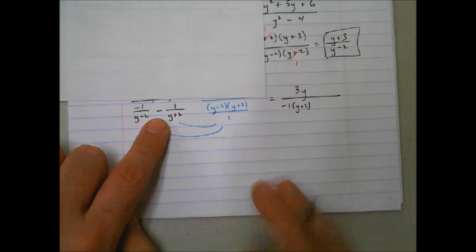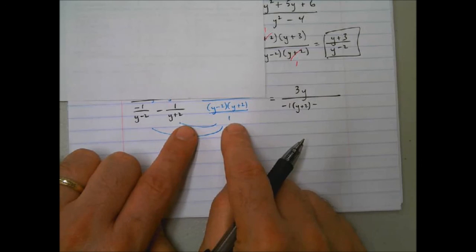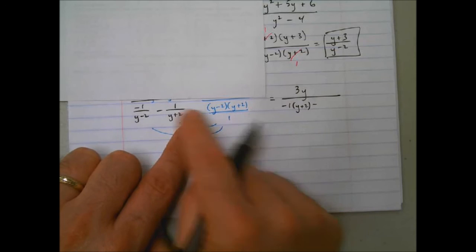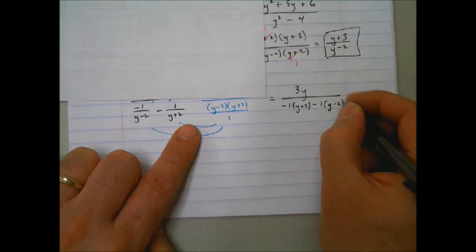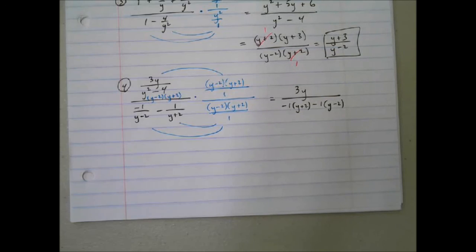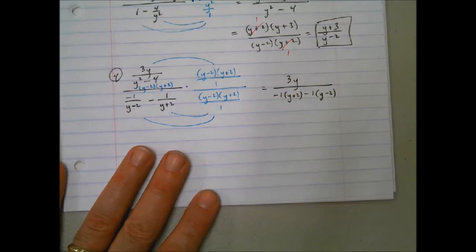Minus. Now I'm distributing it to this part right here, and the y plus 2's reduce, so that's leaving me with the 1 times y minus 2. So we have cleared the fractions, and let's go ahead and distribute the negative 1.